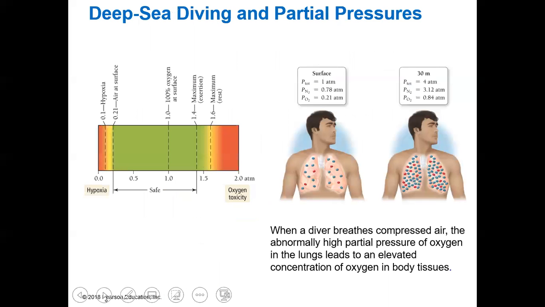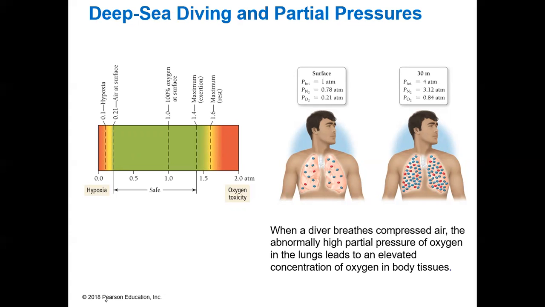Okay, let's see what's next. This is just showing you the difference in total pressure at the surface of water and then 30 meters below sea level, and the difference in nitrogen and oxygen's pressure.